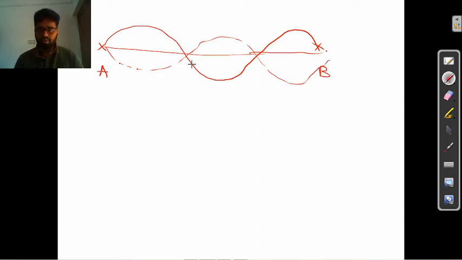In a stationary wave, you have points where there is minimum amplitude and points where you can observe maximum amplitude at different instances. The points where you have minimum amplitude are called nodes. The points where you have maximum amplitude are called antinodes. Let's see more about these nodes and antinodes in detail.